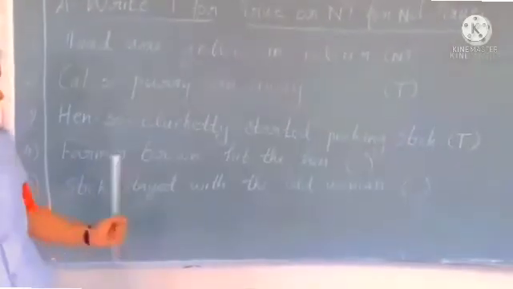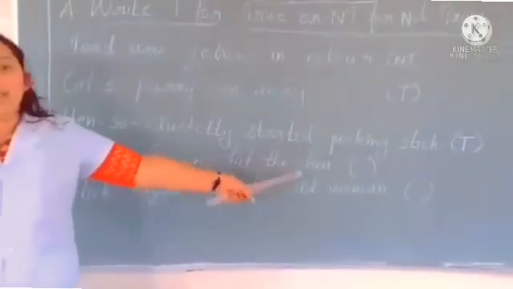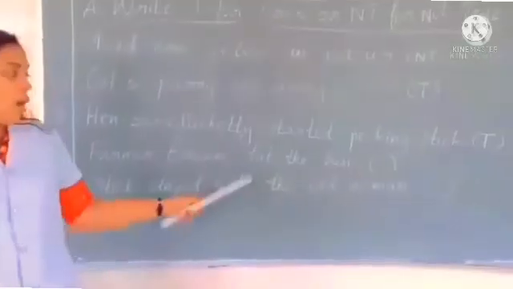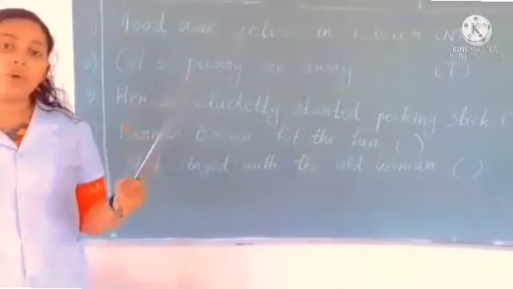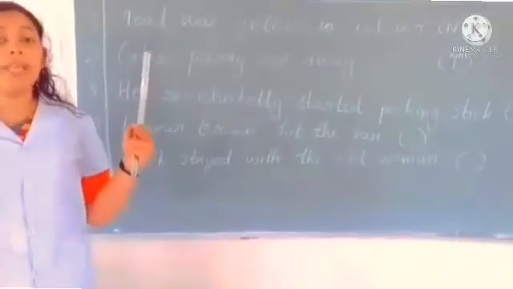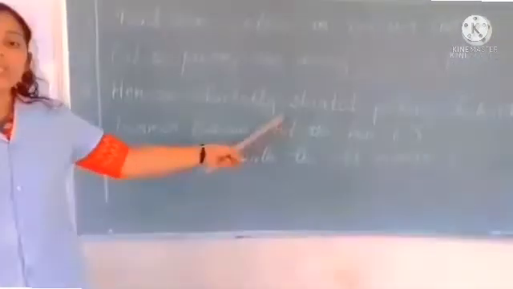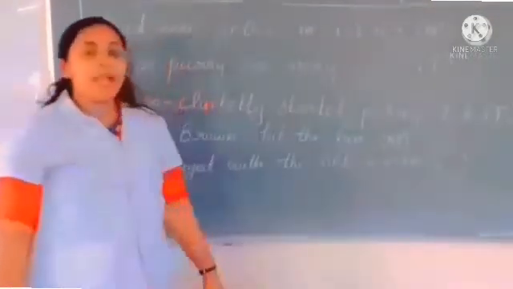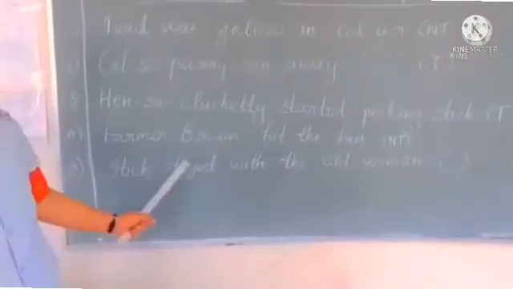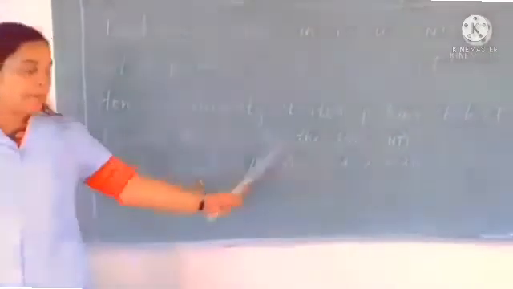And the fourth one, Farmer Brown hit the hen. Farmer Brown hit the hen or cow? Yes, Farmer Brown hit the cows. So this is not true. So here we can write NT for not true. And the fifth sentence, stick stayed with the old woman.